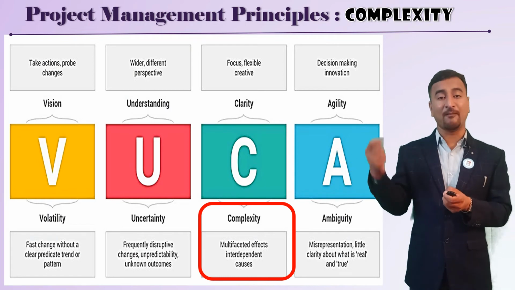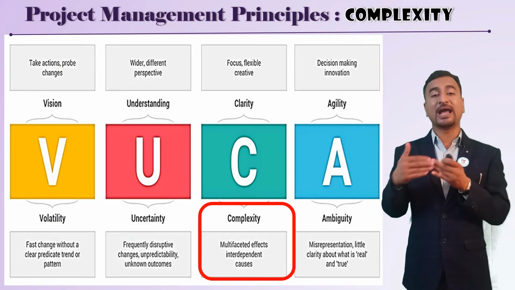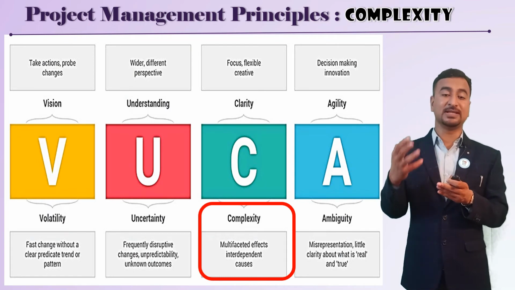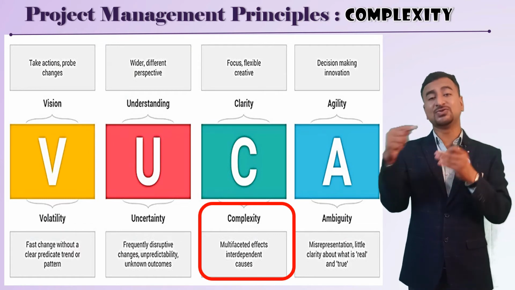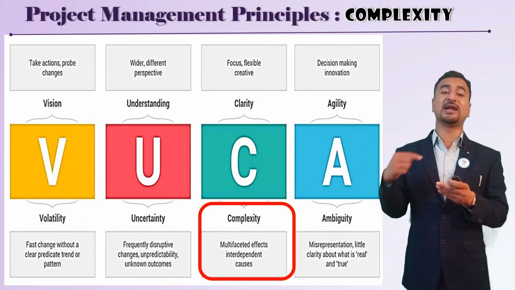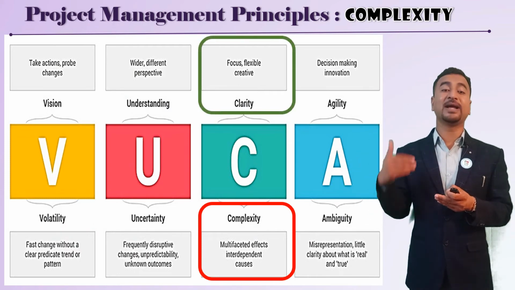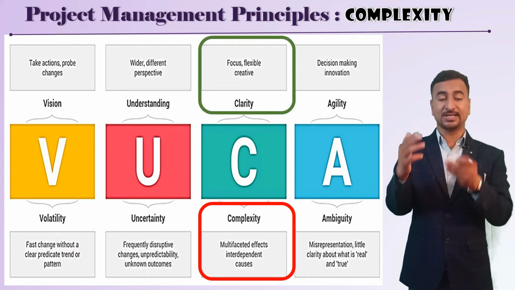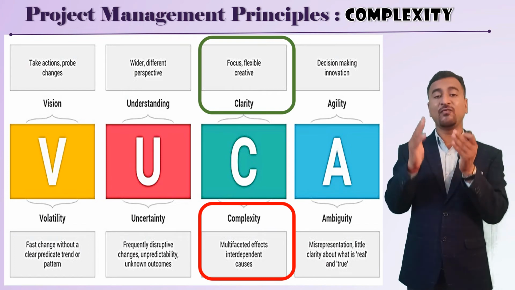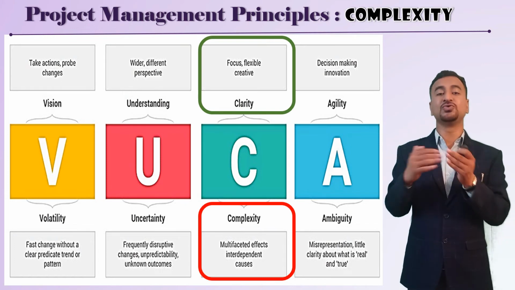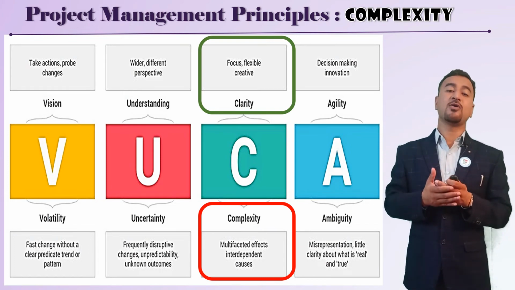The third is complexity, that you have a misinterpretation of things, and the things are so interconnected with each other that it creates a more complex environment. You can solve that by clarity, focus, and having a flexible culture to respond to the complexity.